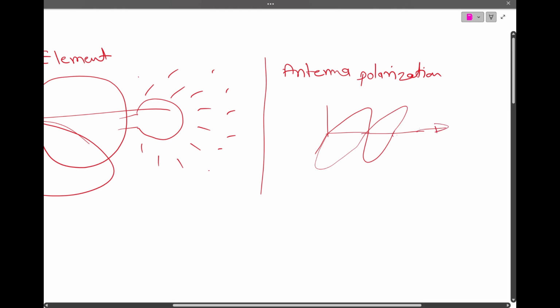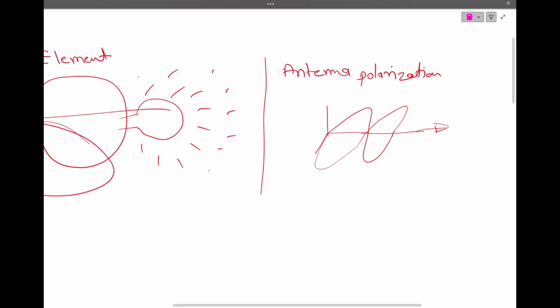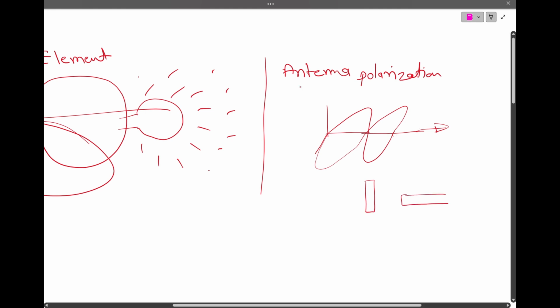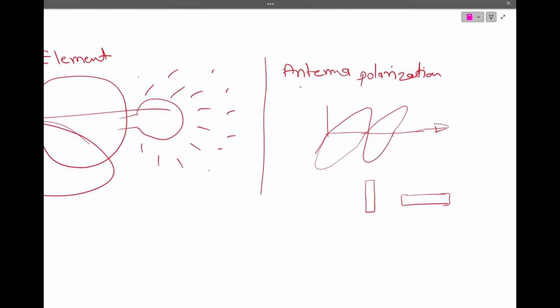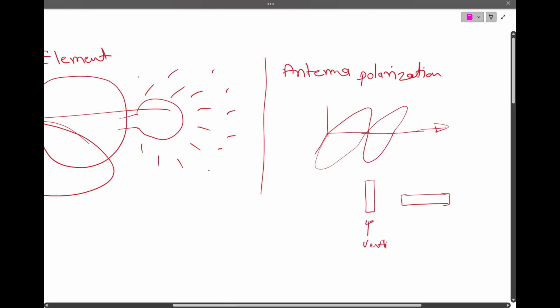So it also depends on how you place the antenna, whether the antenna is placed horizontally or vertically. This is vertically placed, this is horizontally placed.